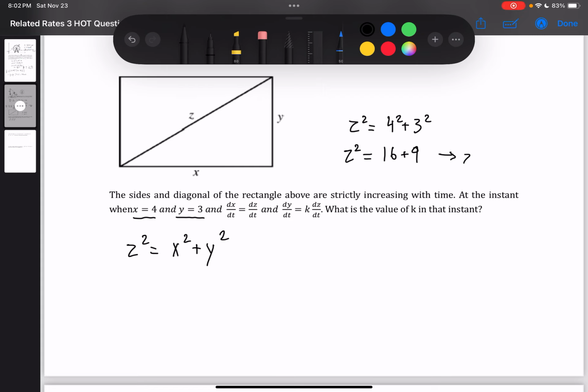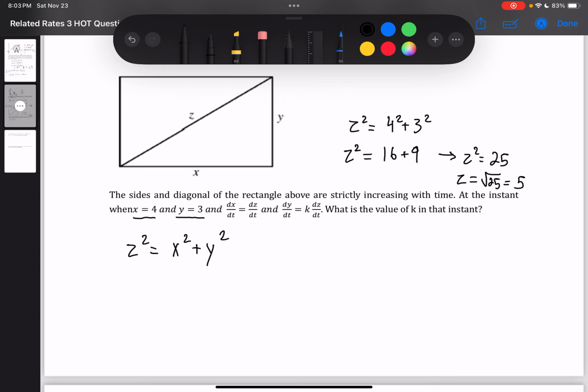And so z to the power of 2 is going to be equal to 25. So z is going to be the square root of 25, which is basically equal to 5. Now, of course, algebraically speaking, it is technically plus or minus 5. But since we're talking about distances, we're just going to neglect the negative number and focus on positive 5. Since there's no unit, I'm not going to use any unit over here.